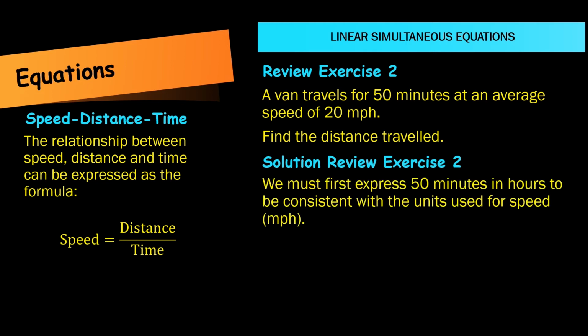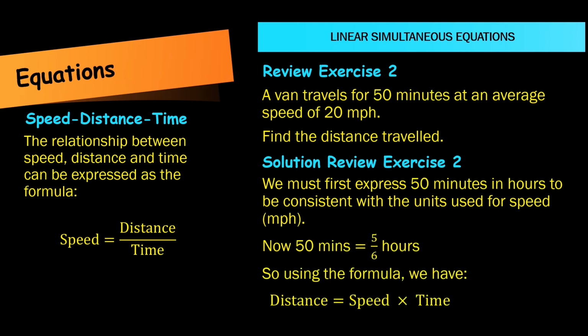We must first express 50 minutes in hours to be consistent with the units used for speed, miles per hour. Now 50 minutes equals 50 out of 60 hours, which is equal to 5 over 6 hours. So using the formula, we have distance equals speed times time.